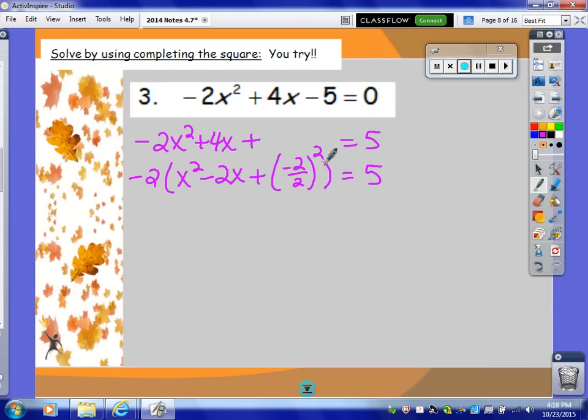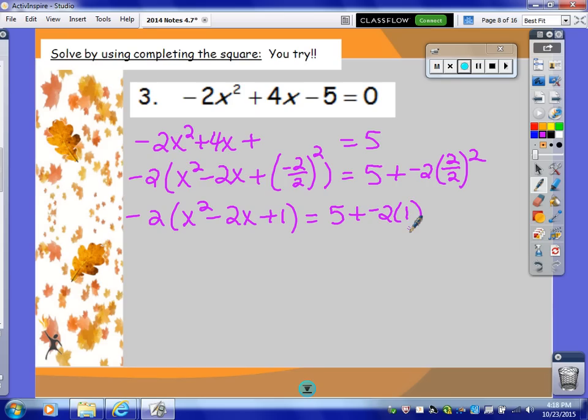Make sure the equation is balanced. Let's clean that up. Let's factor.